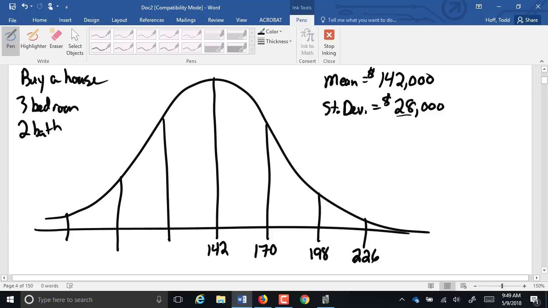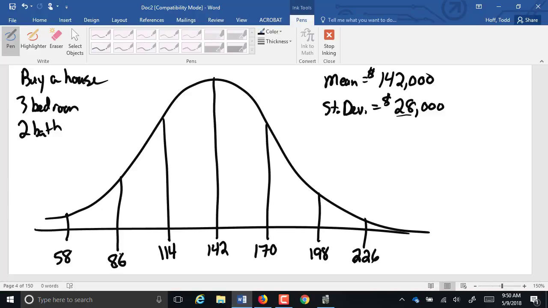Going to the left, we subtract the 28,000. So 142 minus 28 would be 114,000. Minus another 28 would be 86,000. Minus another 28 would be $58,000.